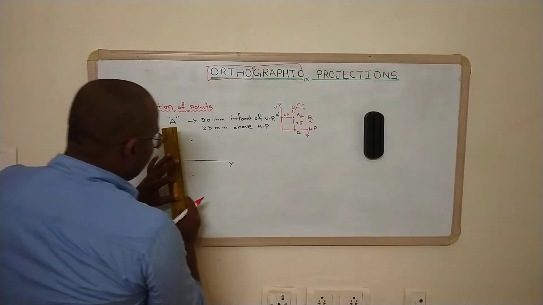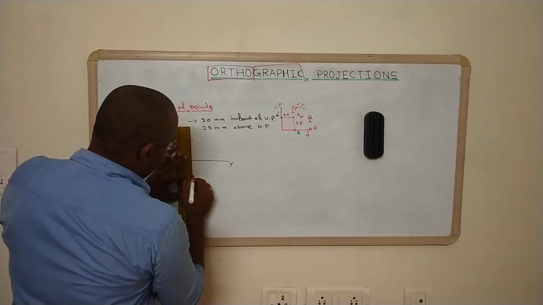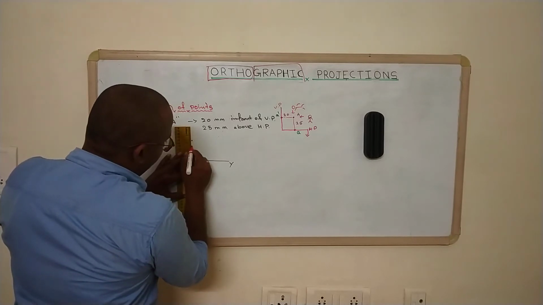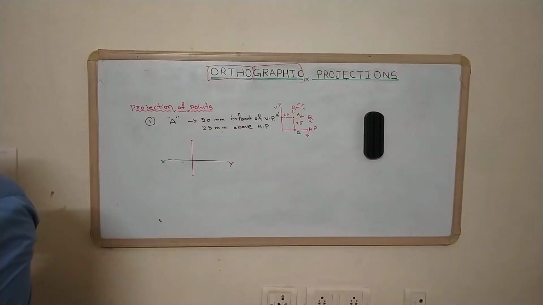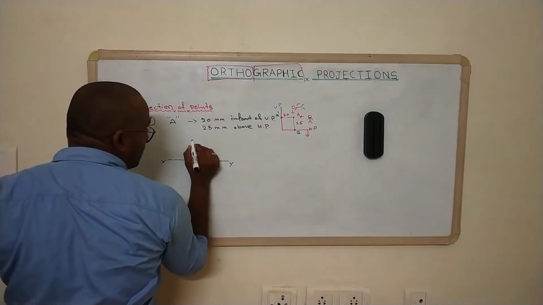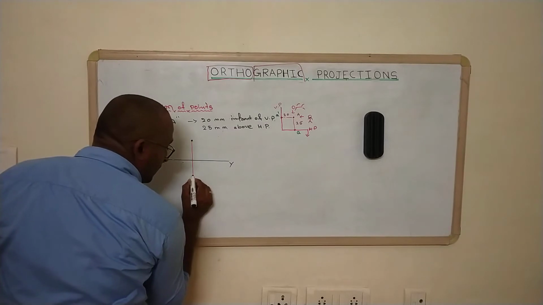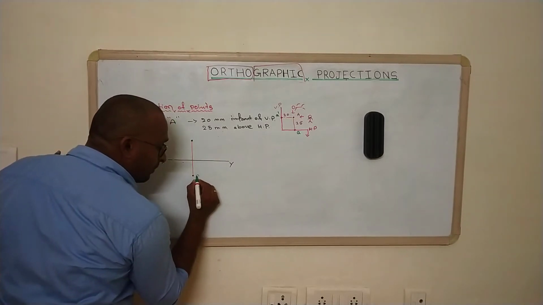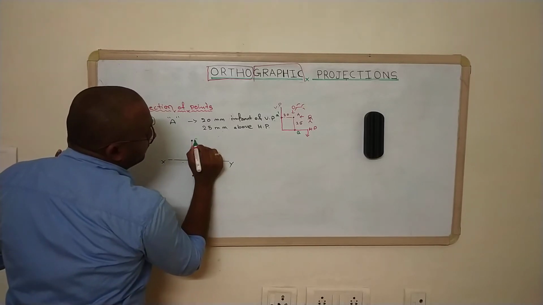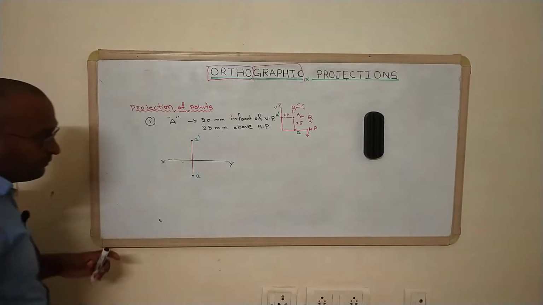These two will be the front view and top view of the given problem. Now this is the projector, and these points are the front view and the top view of the given point A dash.